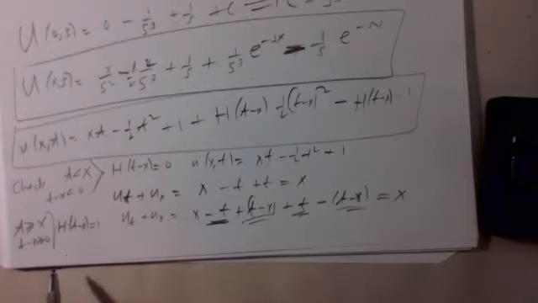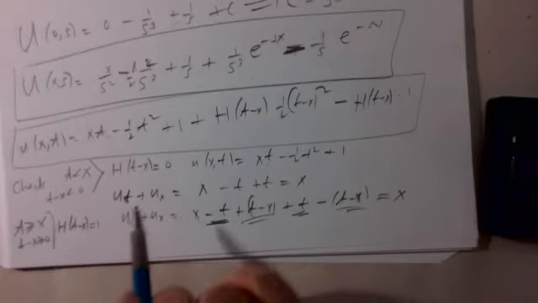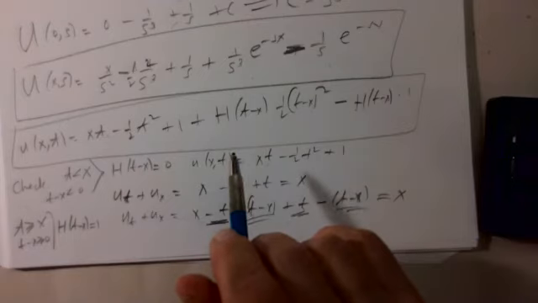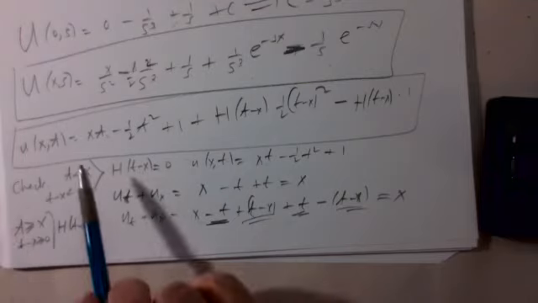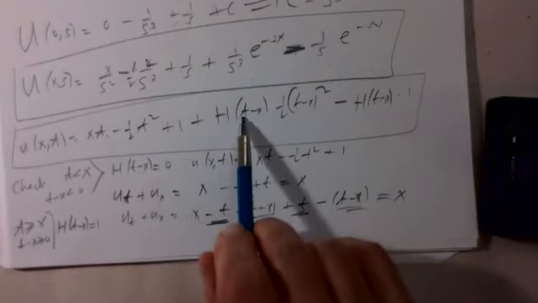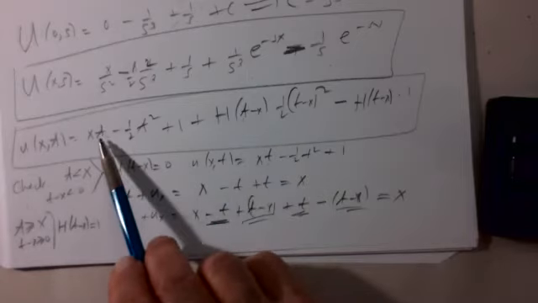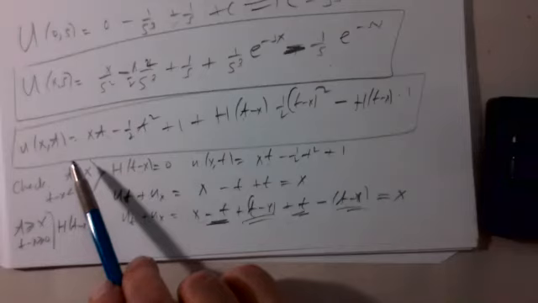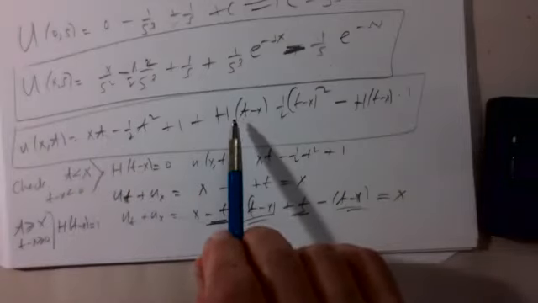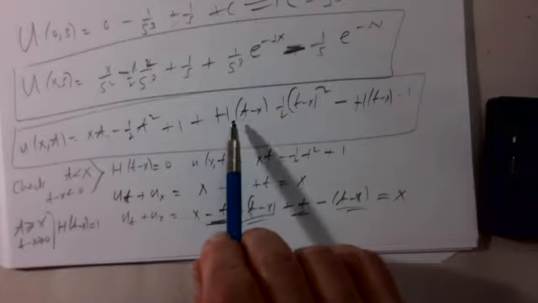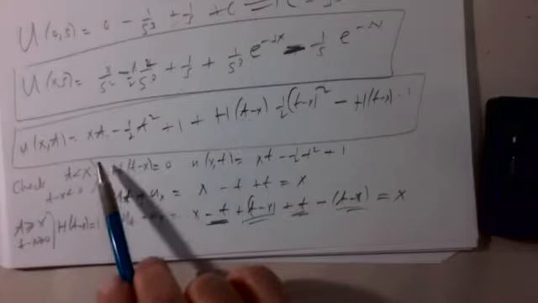And what about the initial condition? Let's see, what was the initial condition? Let me go back. The initial condition was u of x, when t is 0, you get 1. So when t is 0, this is 0. Sorry, when t is 0 and x is greater than 0, u of x, 0 is 1.